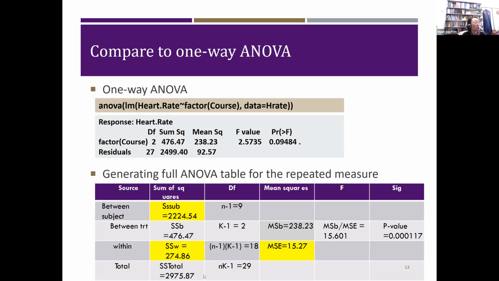Your total degrees of freedom is nk-1, which is always the total sample size minus 1, which is 29. Once you know 9, 2, and 29, the degrees of freedom for within should be the leftover: 9 plus 2 plus something should be 29, so it is 18.